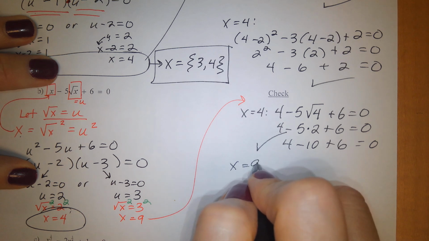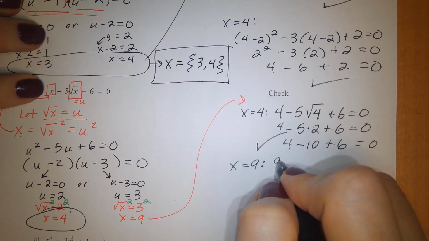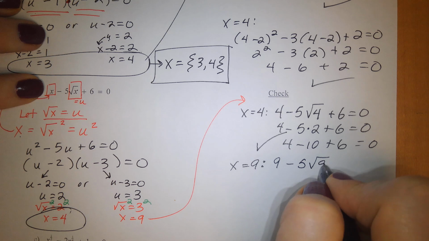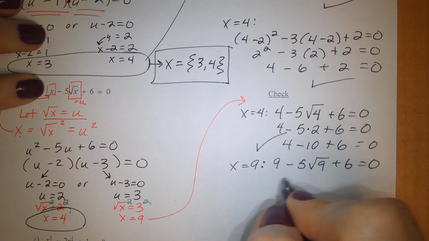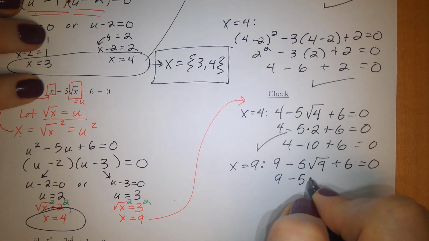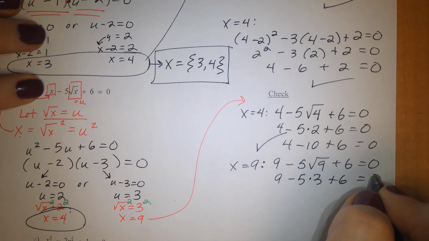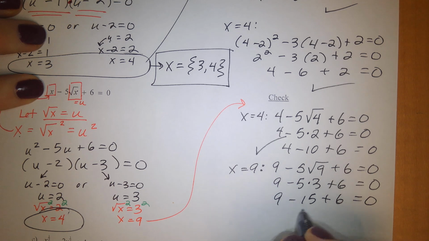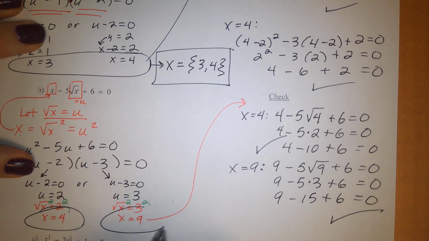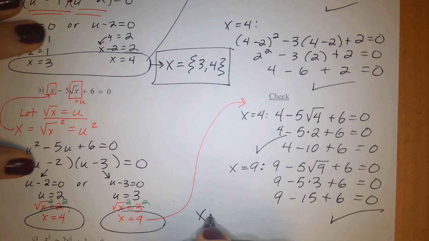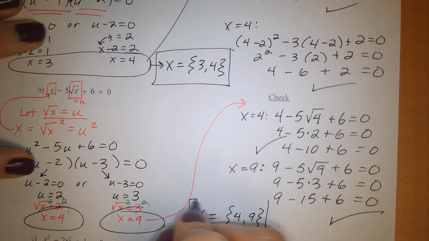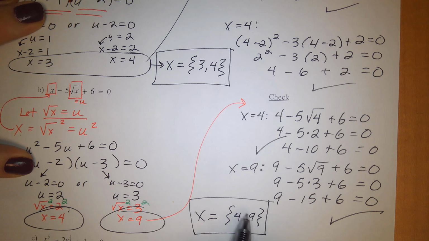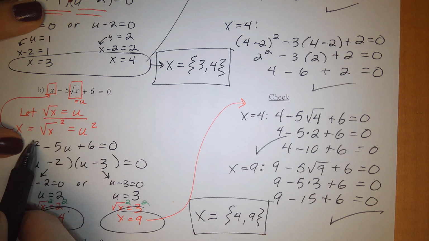When x is 9, we have 9 minus 5 square root of 9 plus 6. 9 minus 5 times 3 plus 6. 9 minus 15 plus 6. Yes, so both answers do check out. So my solutions for x are 4 and 9. Two possible solutions, since the original equation was actually a quadratic of degree 2.